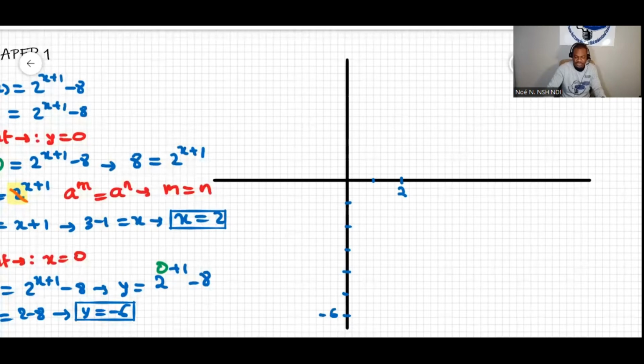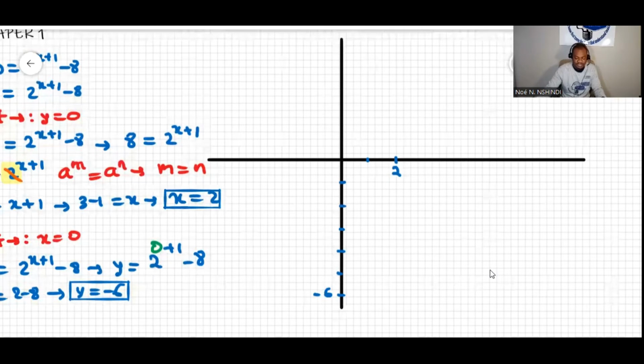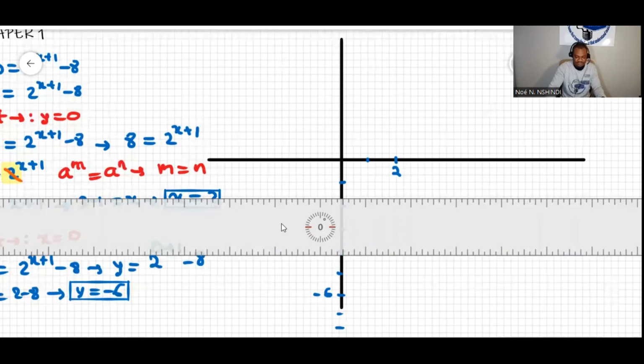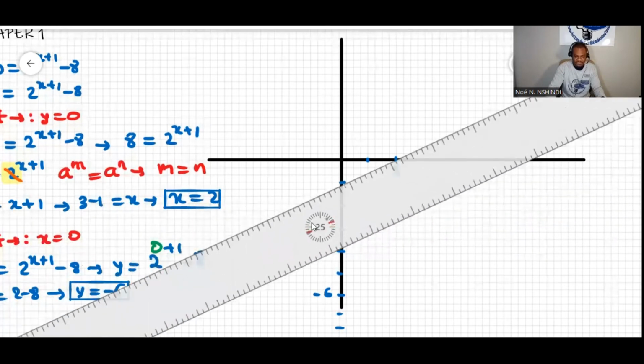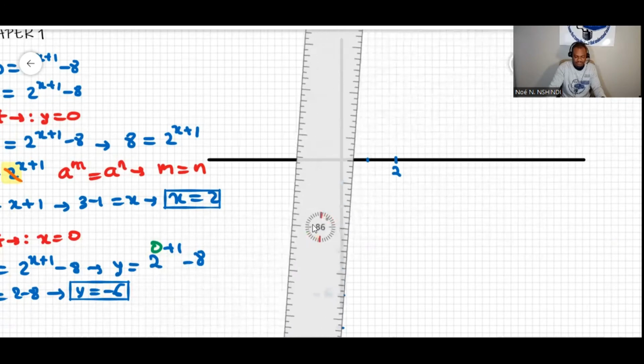-6 over here, and then the asymptote was at -8. So let's say -7 and -8 is over here. Now we can just extend this line. I can just extend my line over here.